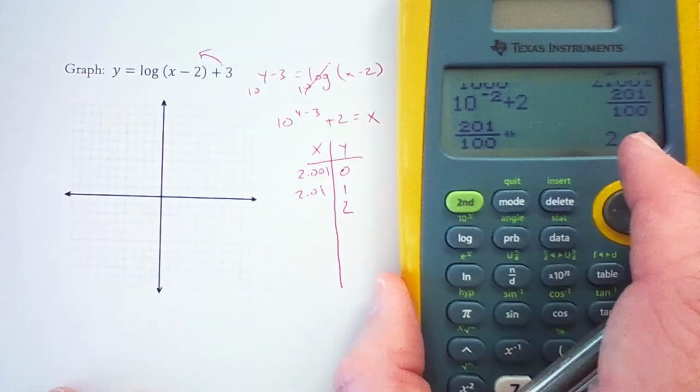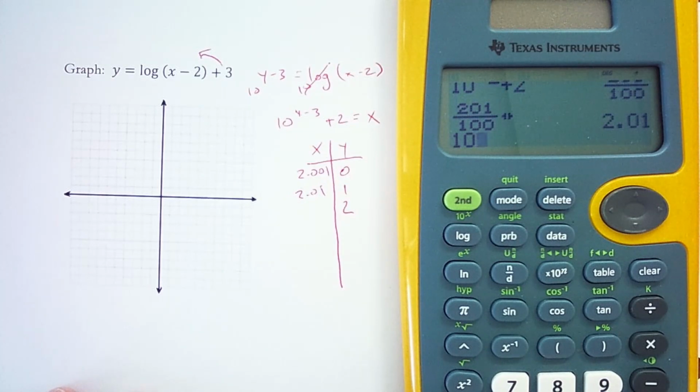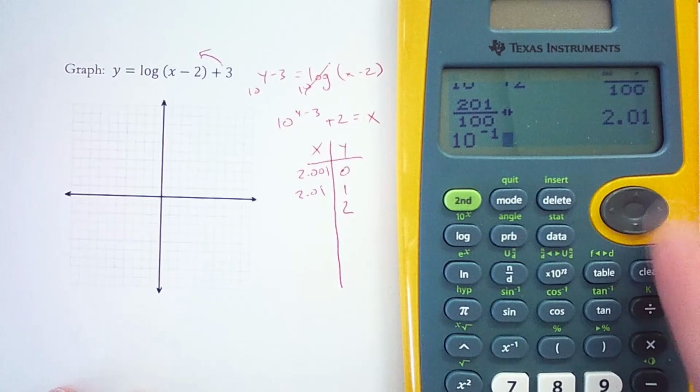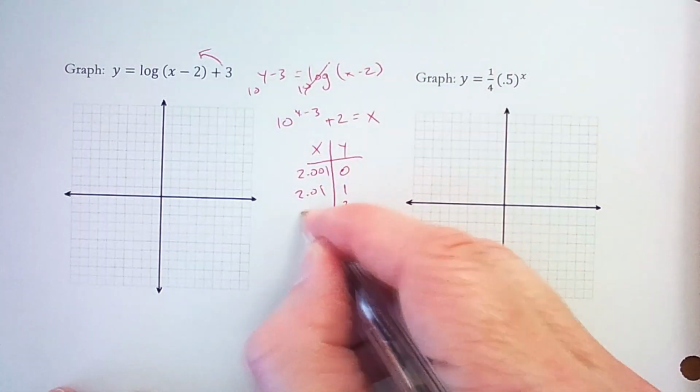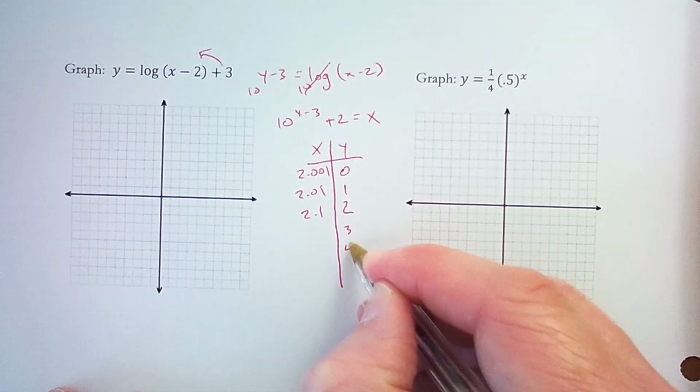Then we'll try a 2. So that's 10 to the 2 minus 3, which is negative 1, plus 2. That's 2.1. So let's try 3 and 4 for y.